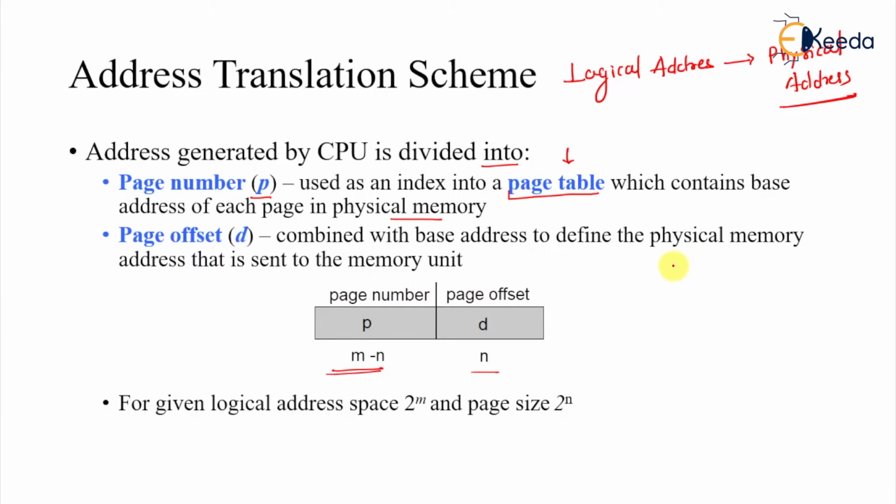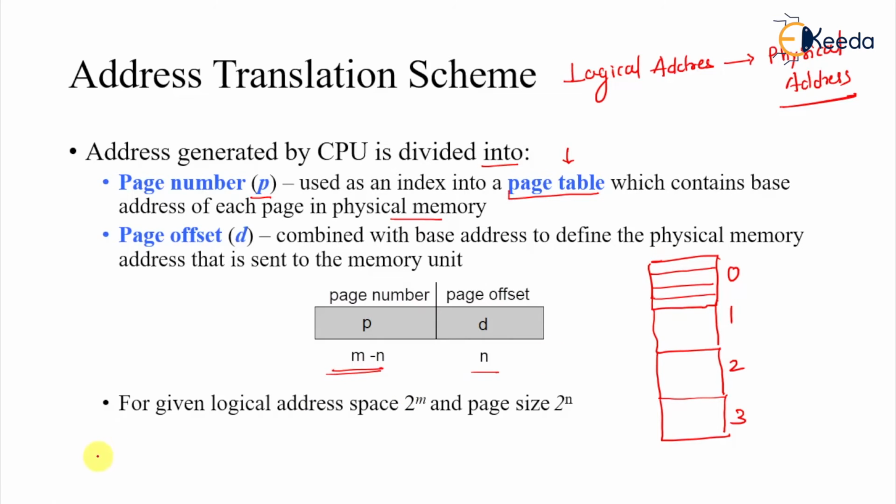Let me take a very simple example. Suppose this is my memory, which consists of, let's say, 4 pages. Think of it this way: there are 4 pages, 0, 1, 2, 3, and each page consists of 4 bytes, 1, 2, 3 and 4.